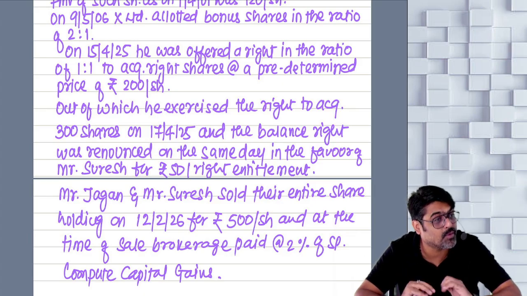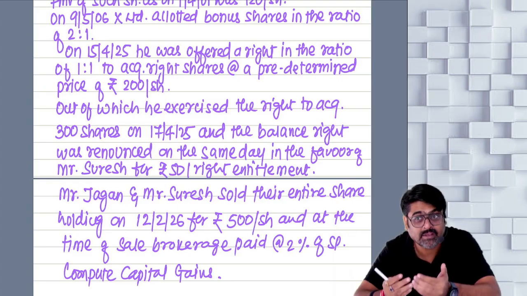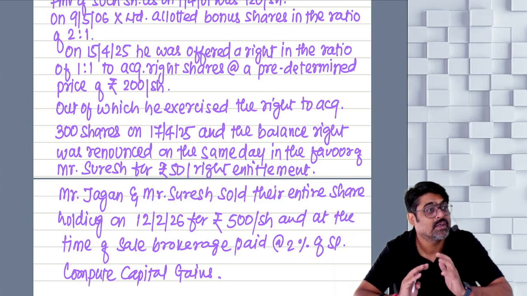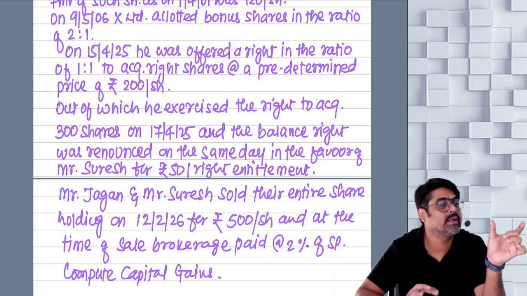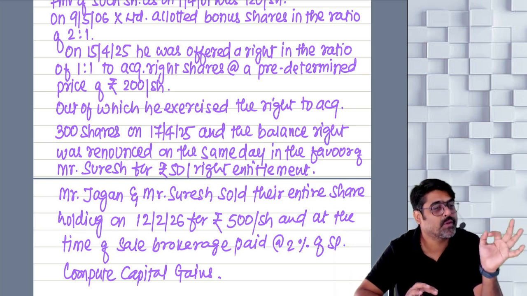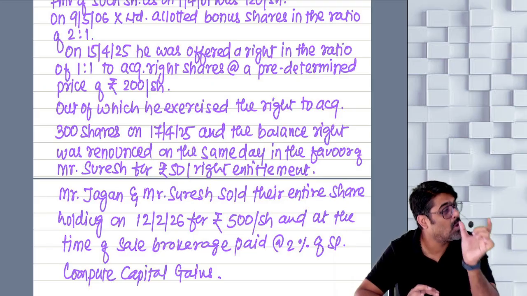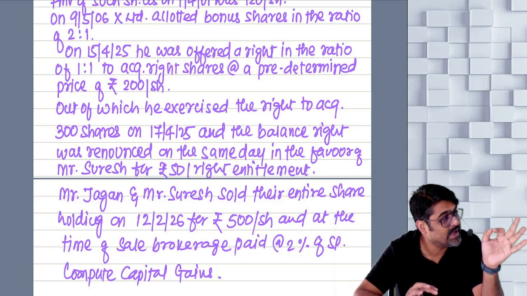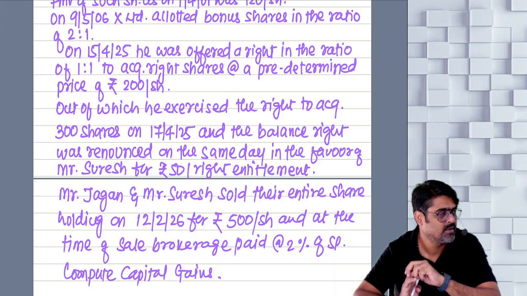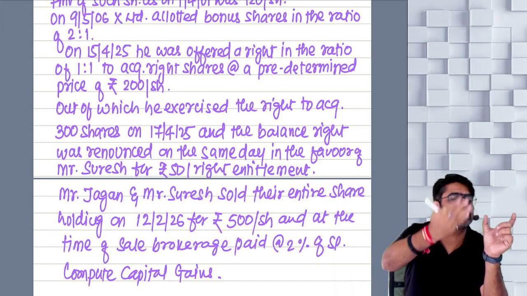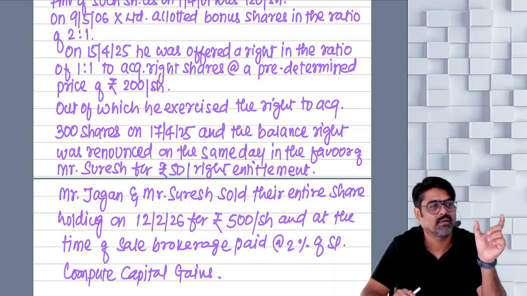That is the holding period of the right, which will always be less than 24 months. The period of holding of a right will never be more than 24 months. It will always be just some days. So from where will you start the period of holding?